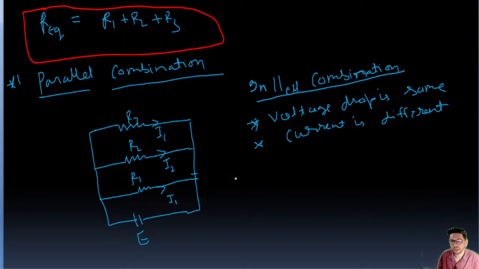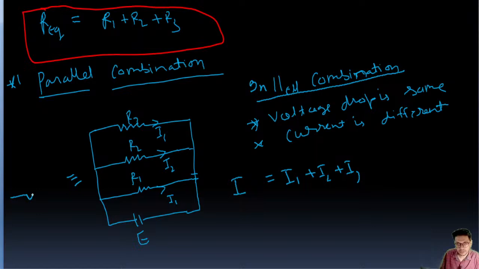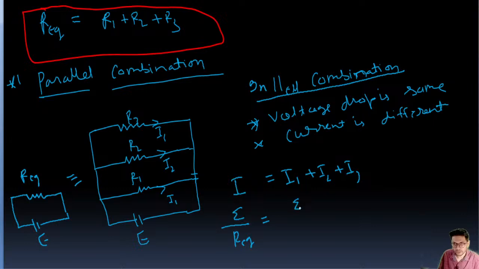In a parallel combination, I equals I1 plus I2 plus I3. We'll make an equivalent circuit here, like this, with E and R equivalent. The voltage drop is the same, so I is E upon R equivalent, equal to E upon R1 plus E upon R2 plus E upon R3.